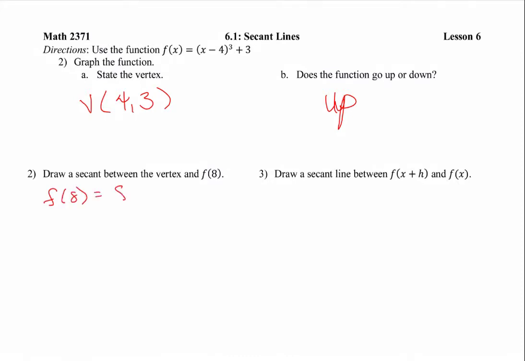That's going to be 8 minus 4 cubed plus 3. And so f of 8 is going to be the point 8, 69. So we're going to graph this, and then we're going to graph these secant lines.